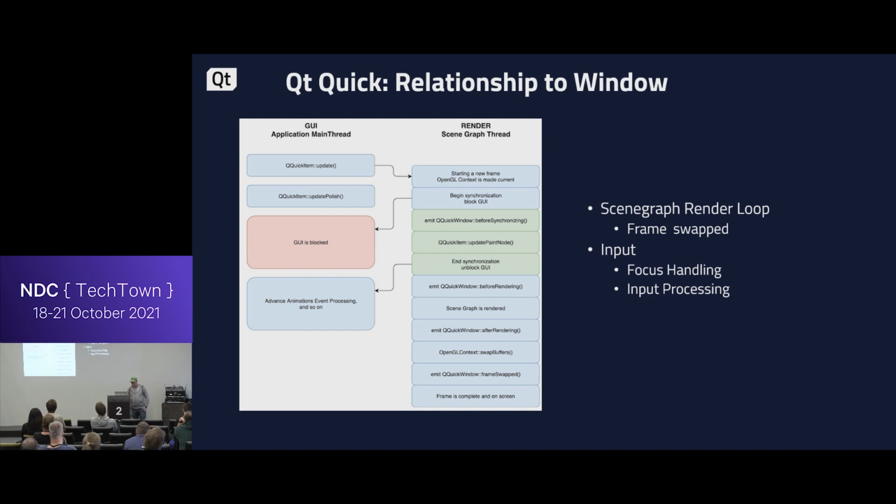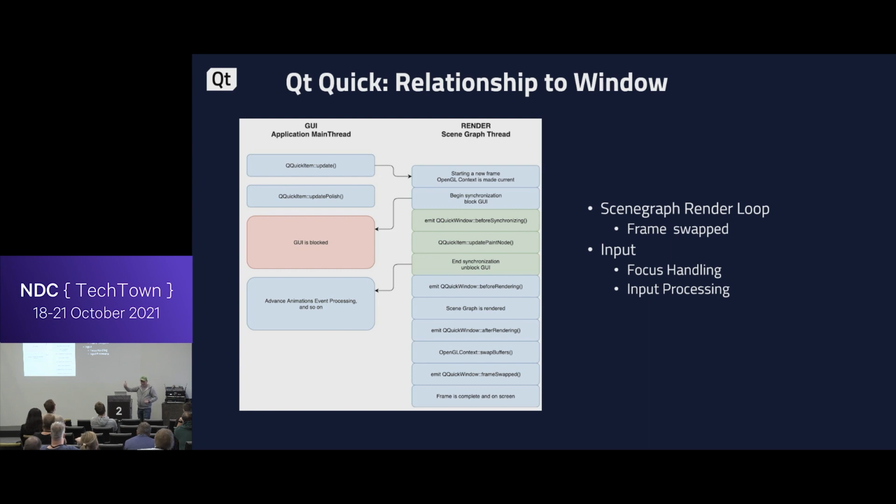The biggest challenge, though, when it comes to VR is that Qt Quick is very tied to the window, the Qt Quick window, because the whole rendering process is tied to it. In the case of a monitor that refreshes at 60 hertz, every 16 milliseconds you're going to have a V blank, and then it's going to say, okay, it's time to render.